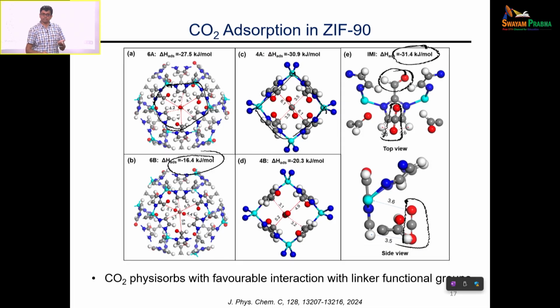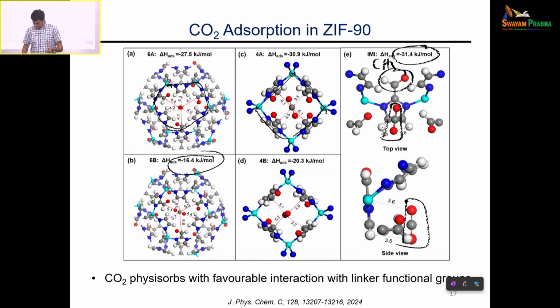There is another ZIF called ZIF 8, which has a CH3 instead of this. If you have that, the strongest adsorption is only around 20 kilojoules instead of 30. So, that one CH3 instead of the CHO has changed the adsorption by around 10 kilojoules, and this has an impact, okay.